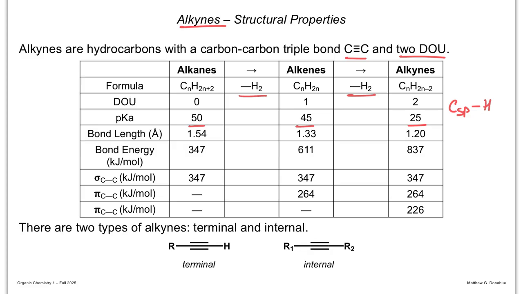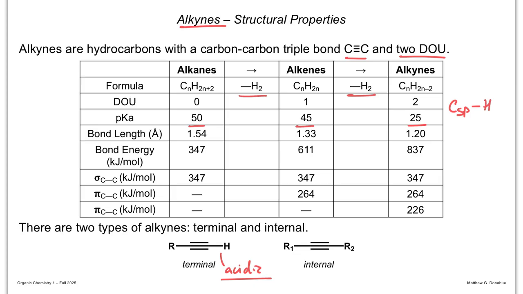So there's two types of alkynes in terms of their classes. The terminal has the sp hybridized carbon-H, and then the internal, these R1 and R2 groups are both carbon. So that's the acidic hydrogen that we're talking about with the pKa of 25.